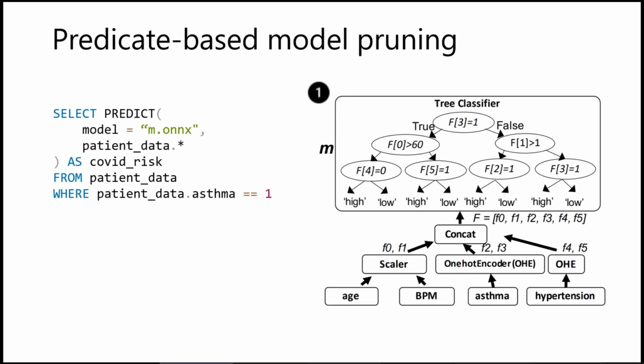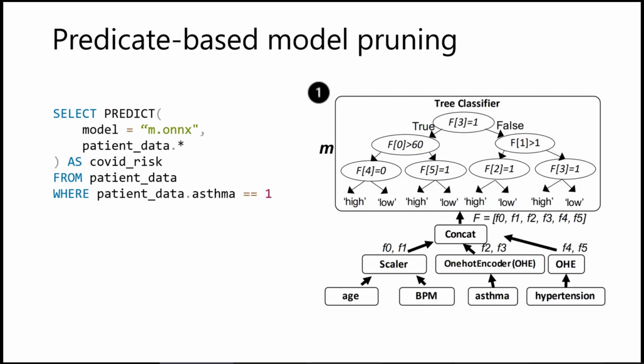Again, you have another SQL expression. So here, I'm trying to call my model. My model is called m.onyx, and I'm giving it patient data. And this model predicts the risk of the patient having COVID.